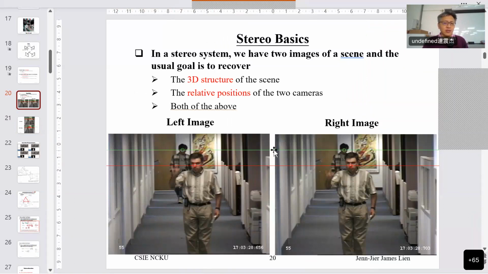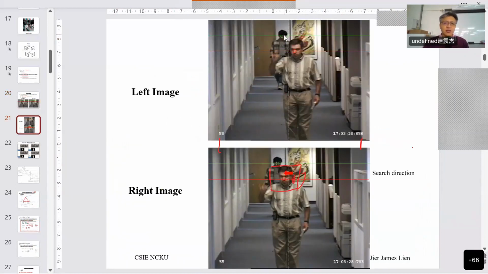So this will be 10, and your 100 will be here, and the corresponding point should be less than 100, because it should be on your left-hand side. Suppose this is 150, and you come here, the corresponding point will be located at your left-hand side.